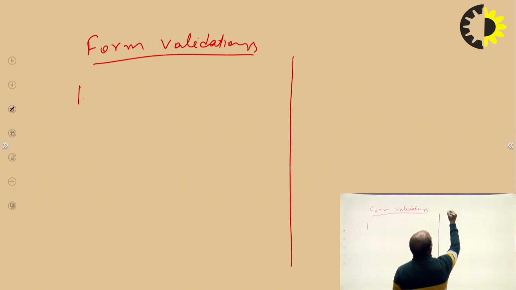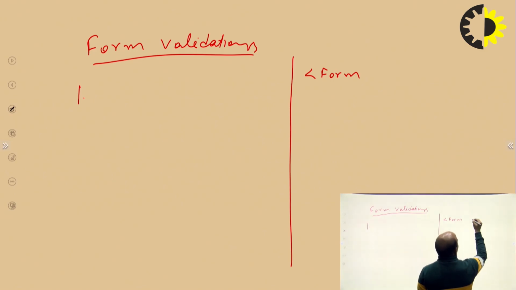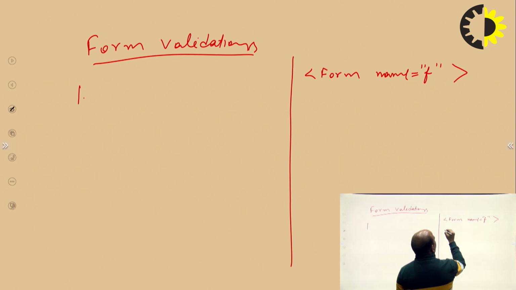For that I have used the form tag, and in the form tag I have given a name to this form: name equals F. The name of my form is F. In this form I am creating a field that will ask to enter the name of the user.